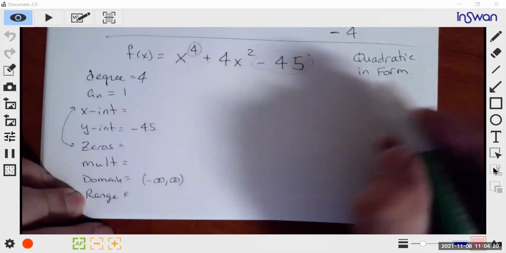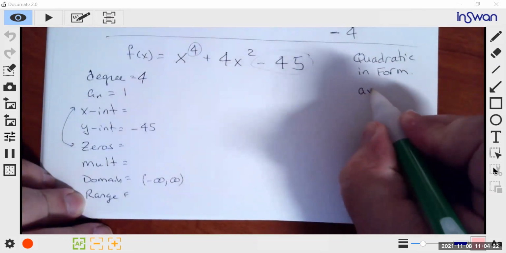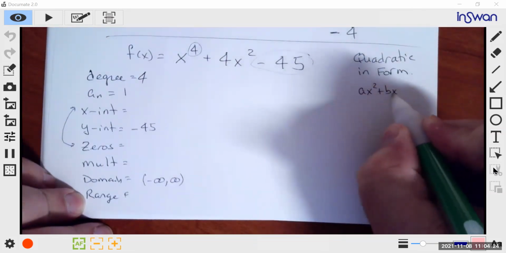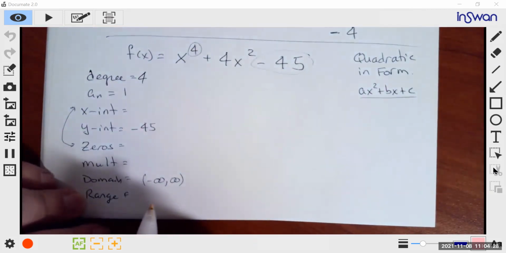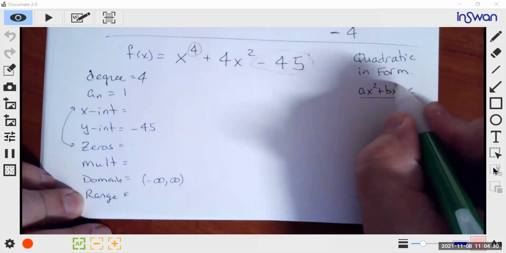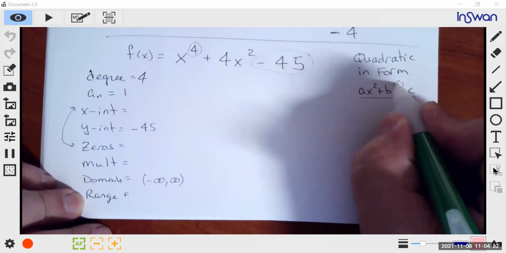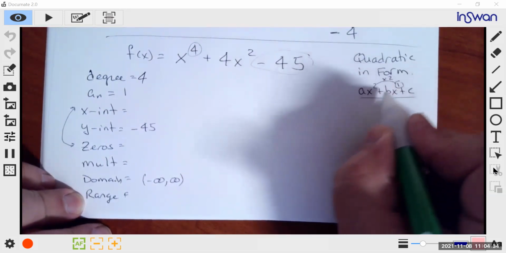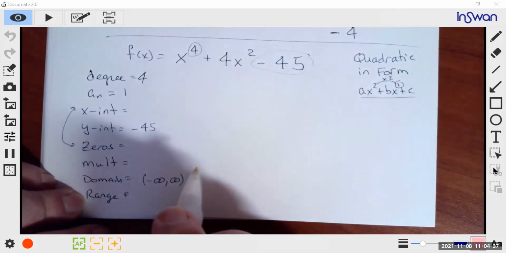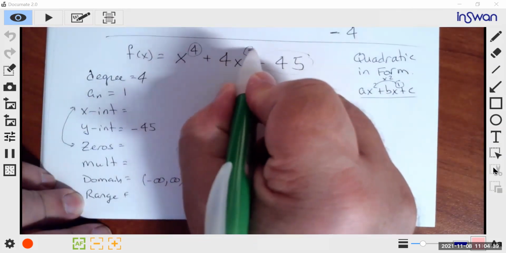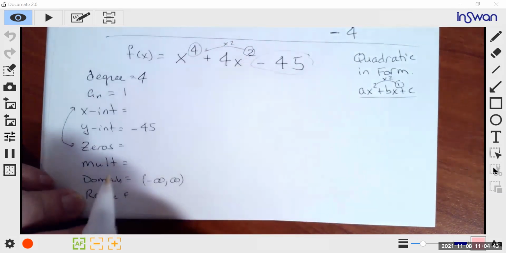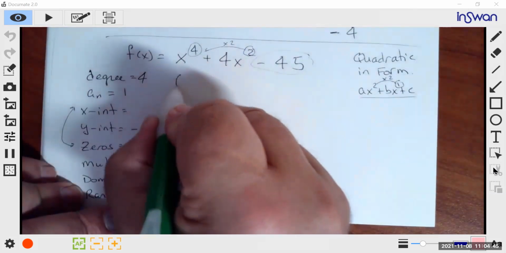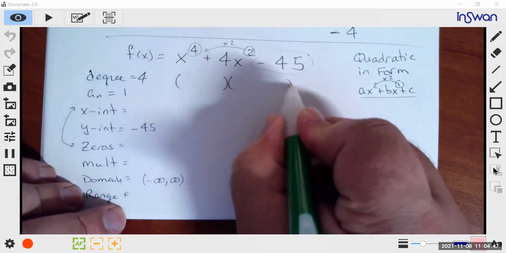What does that mean? Quadratic in form, ax squared plus bx plus c. Only has 3 terms, check. The exponent of the middle term, times 2, equals the exponent of the first term. So 2 times 2 equals 4. So it's quadratic in form, so we can try to factor it.